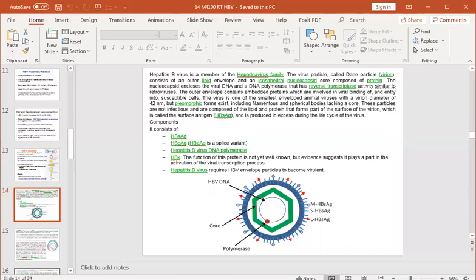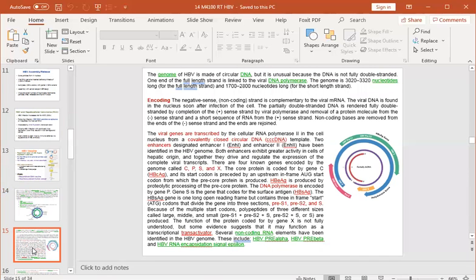Slide number 14 has some information about hepatitis B virus, a little bit more detail about the family itself, as well as the composition of the viral genome. Slide number 15 adds a little bit more onto it. We'll talk about the circular DNA of the HBV genome, as well as the covalently closed circular DNAs.